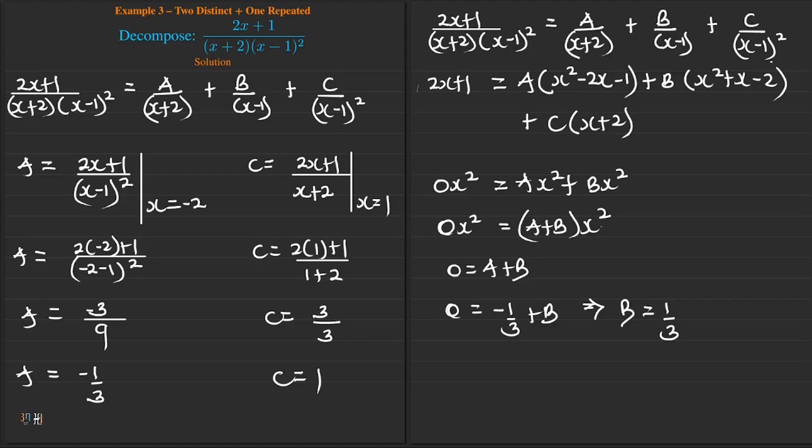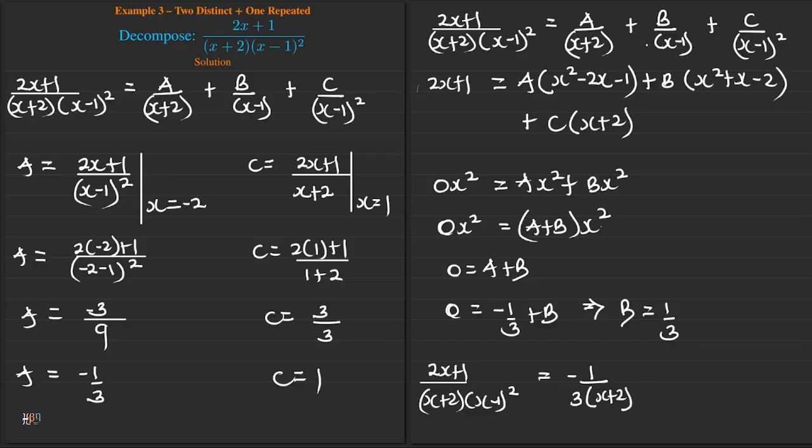So with that, we can now substitute and get our partial fractions. It simply implies we have 2x plus 1 all over x plus 2, then x minus 1 all squared. And in partial fractions, that gives us our a. A, we said, was what? By now, we know how to write them straight away. So a being negative 1 over 3, we have negative 1 over 3 into bracket x plus 2.